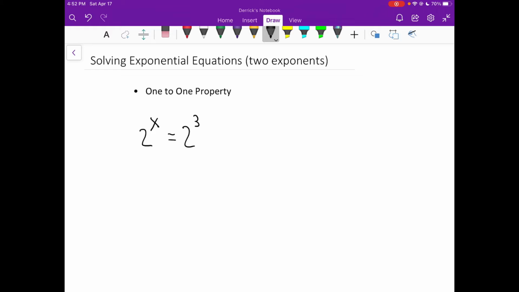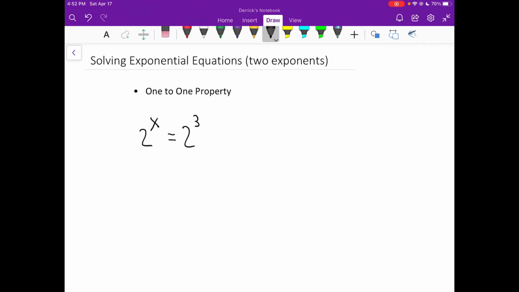Because what you would notice here is that both sides have an exponential term with a base of 2. And so if 2 to some power is supposed to equal 2 to the third power, well, with the bases being exactly the same, the only way those can be equal to each other is if the exponents are also exactly the same. And that's basically what the one-to-one property says.